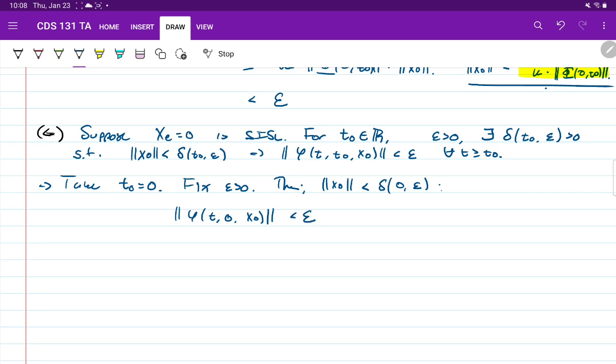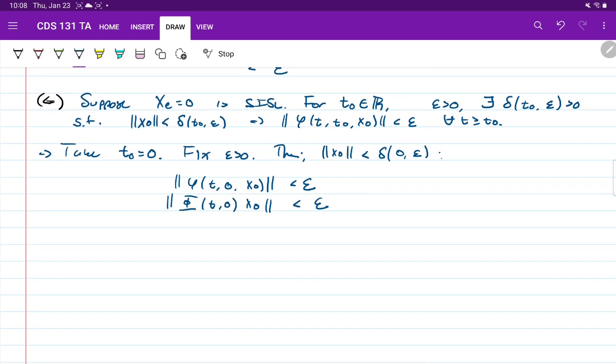Now let's go ahead and rewrite this in terms of our state transition matrix. So this implies the norm of phi of t comma 0 multiplied by x naught is less than epsilon for all t greater than or equal to 0. Now what I'm basically going to do is rework this left-hand side such that it looks like the definition of the operator norm.